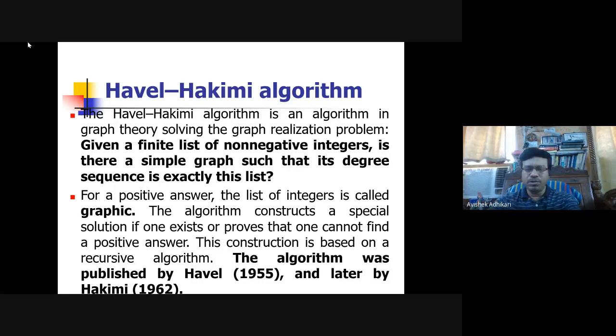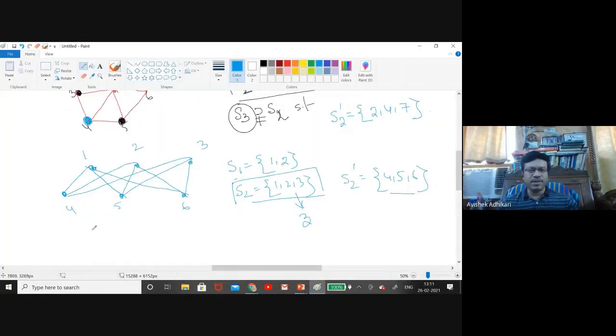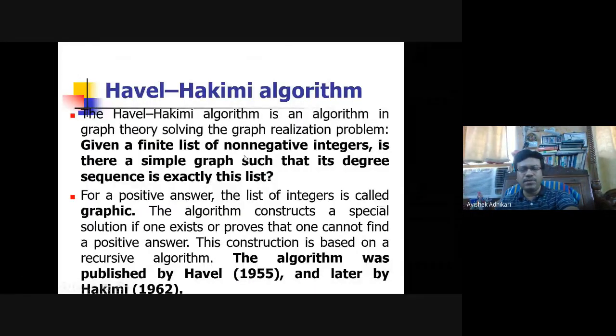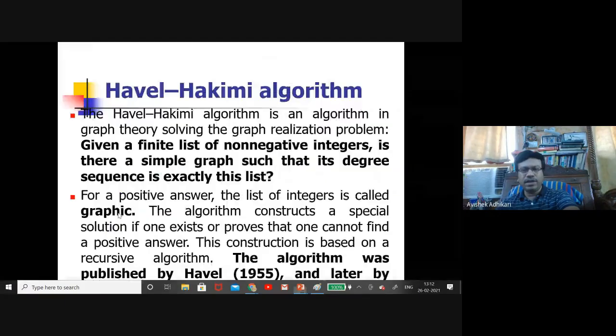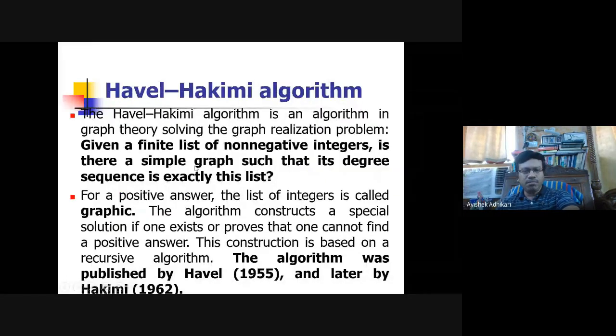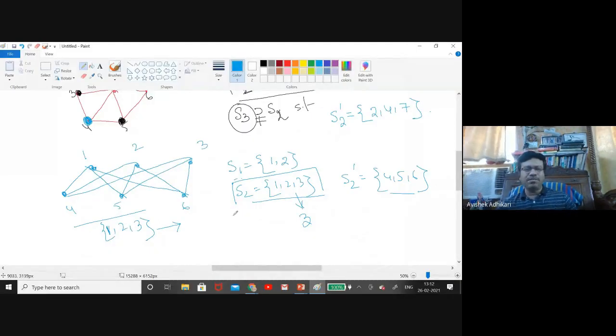For example, in my first class I started with this kind of problem. Suppose I give you a sequence, say 1, 2, 3. This is a finite sequence of non-negative integers. Now the question is, can you find some graph whose degree sequence is like this?